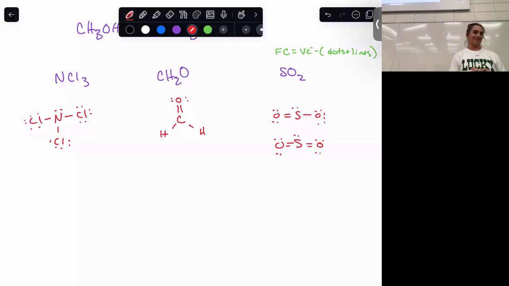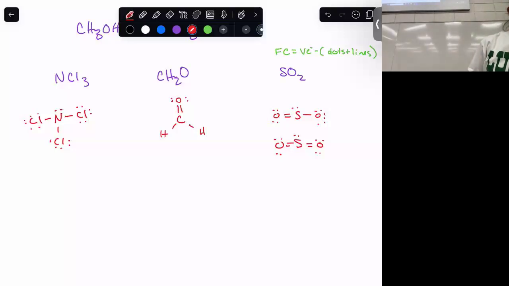Which one is the preferred one for SO2? Probably the top one because it doesn't have to expand its octet. That one has formal charge, but I think it prefers to not expand its octet over expanding its octet.